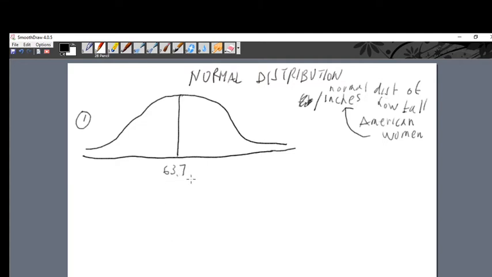So 63.7 is the mean. That would be the average, and that's always put smack in the middle of these curves. The average is always smack in the middle.